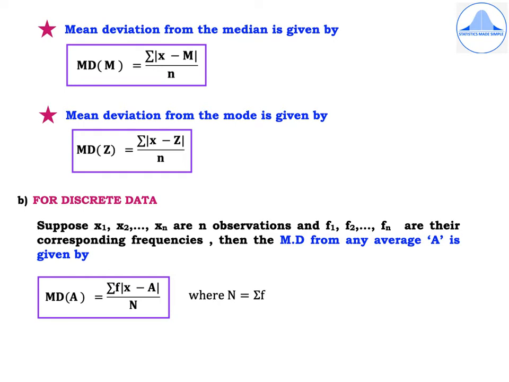So suppose x1, x2, so on xn are n observations, and f1, f2, so on fn are their corresponding frequencies.